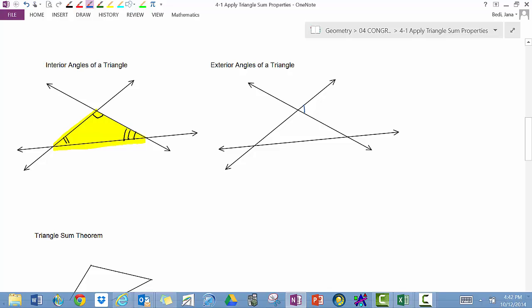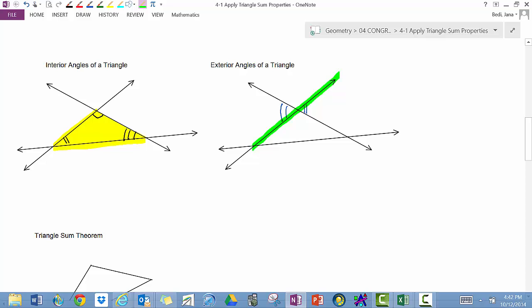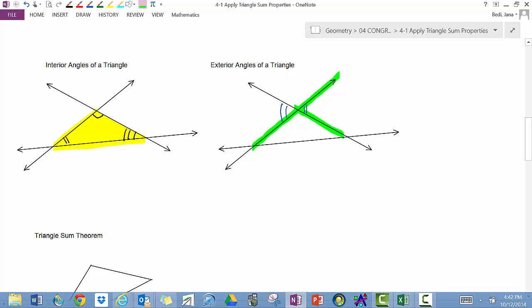If this is an exterior angle, and this angle vertical to it is also exterior. We call it exterior because this exterior angle is formed by this one side that is being extended and another side, and same thing over here.